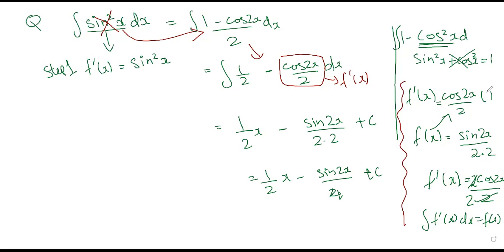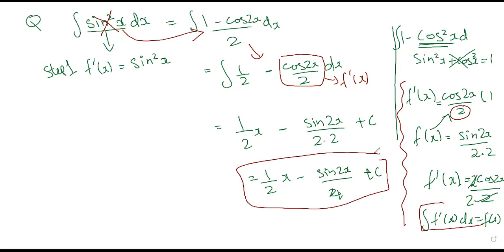So this problem was solved, but then we had this 2 over here, so we multiplied another 2 in the denominator, and now if I differentiate this function, I would get this one. So we had this logic, and through this logic we have calculated the integral. Do you get it? Yes. Okay, very good.